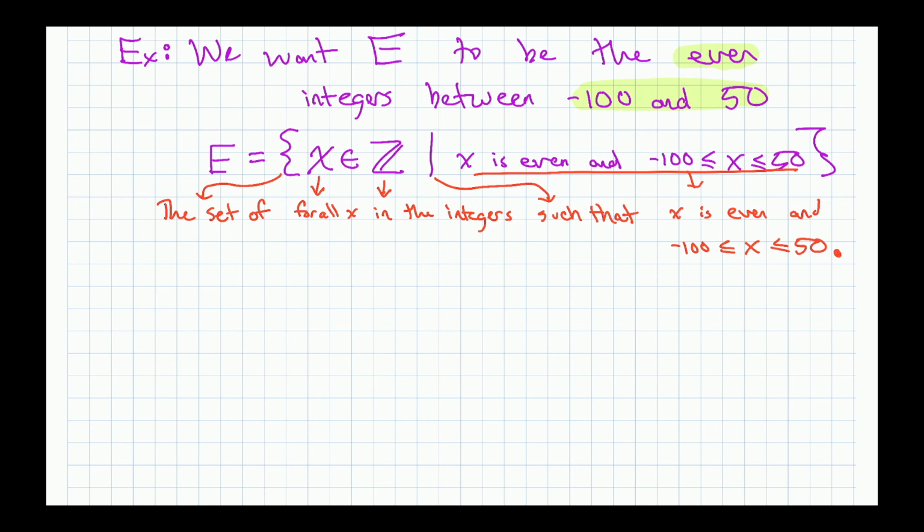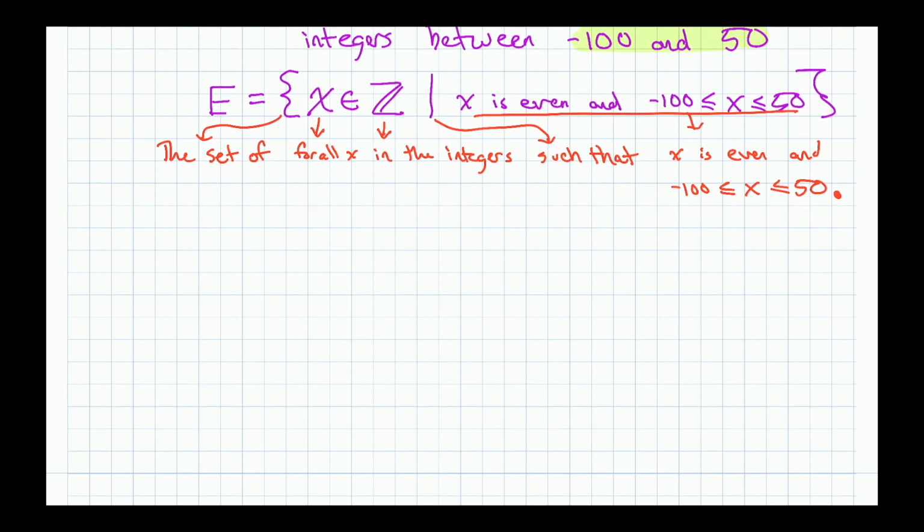So there's a lot of ways to write the same set. Like I could have written the same set this way. I could have gone, how about E equals, and I just say x in the real numbers. But then here I could say, what kind of real number?